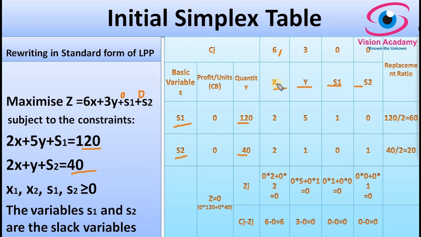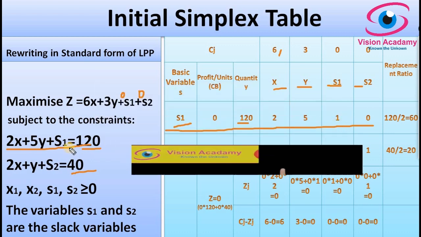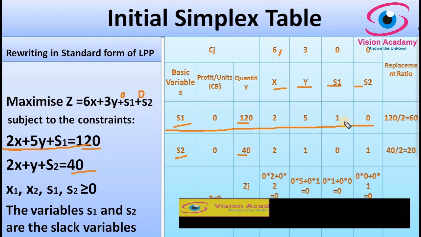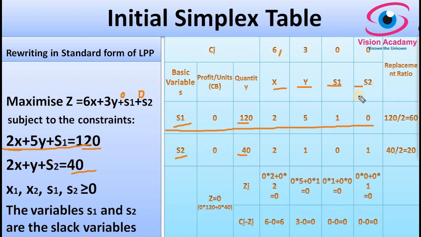So this row belongs to the first constraint. Here the x value is 2, the y value is 5, the s1 value is 1, because in the first constraint there is an s1, which means 1, and in the first constraint there is no s2, so it is 0. This row belongs to the second constraint.